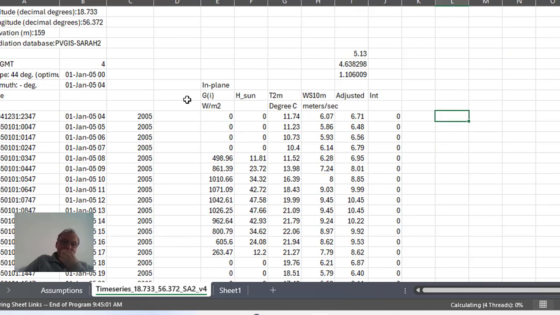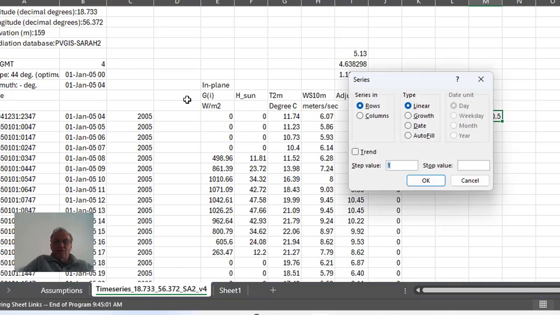Let's say I take our wind speeds and I take them by, let's start with 0.5 and do an Alt EIS columns and go to maybe 15 and make our step value 0.5.